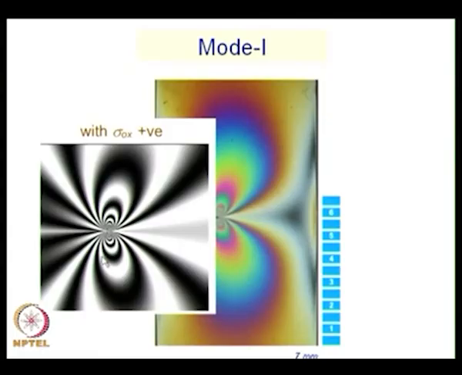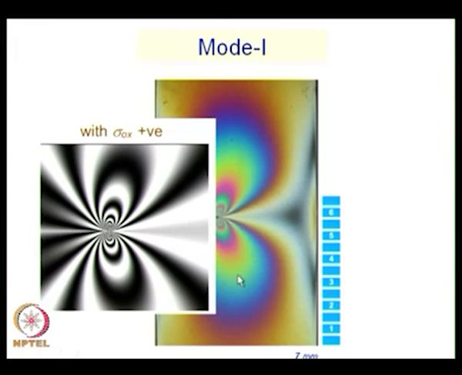Suppose I have fringes which are straight, then I could still use the Westergaard solution in that zone and process the experimental result. When I have a tilt, I have to have Irwin's modification, only with that can I interpret the data. And if you really look at the fringe pattern, the zone where it is straight is so small that it is very difficult to collect data from that zone.